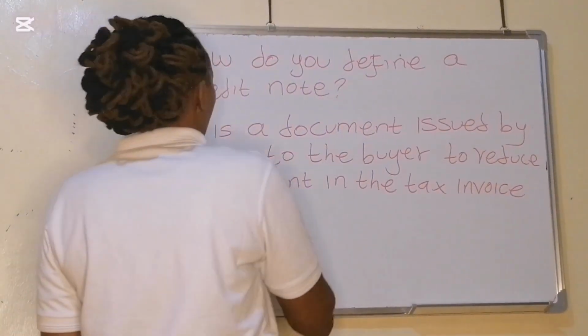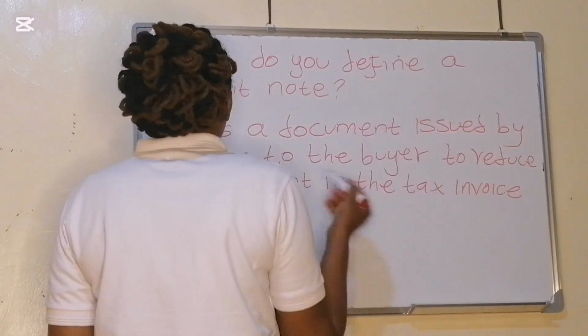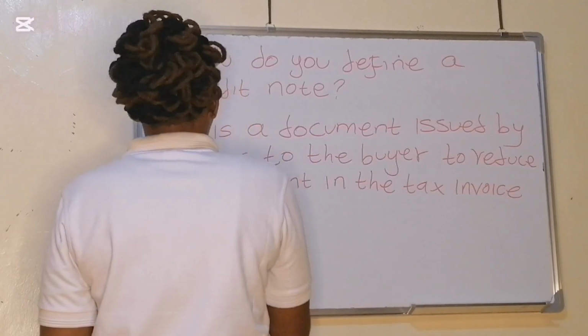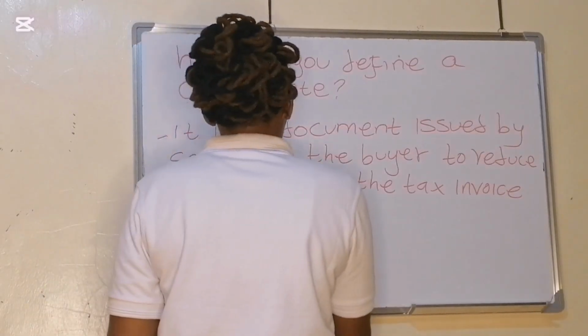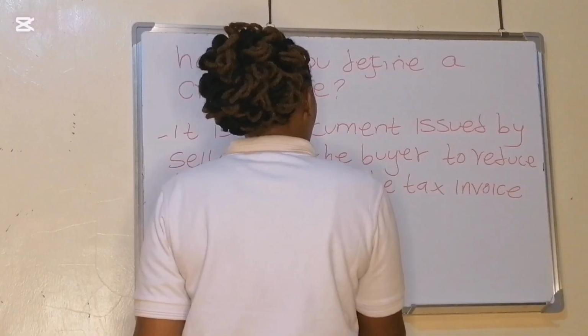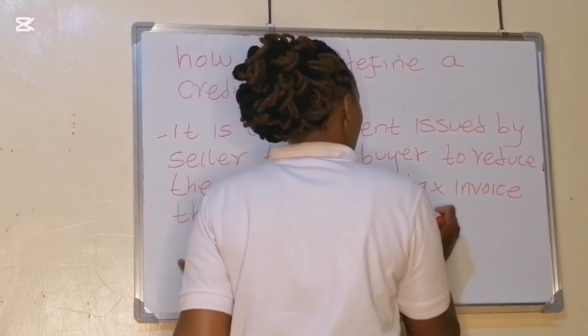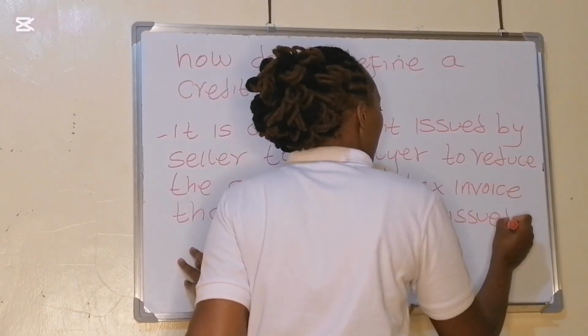It is a document issued by the seller to the buyer to reduce the amount in the tax invoice that was previously issued.